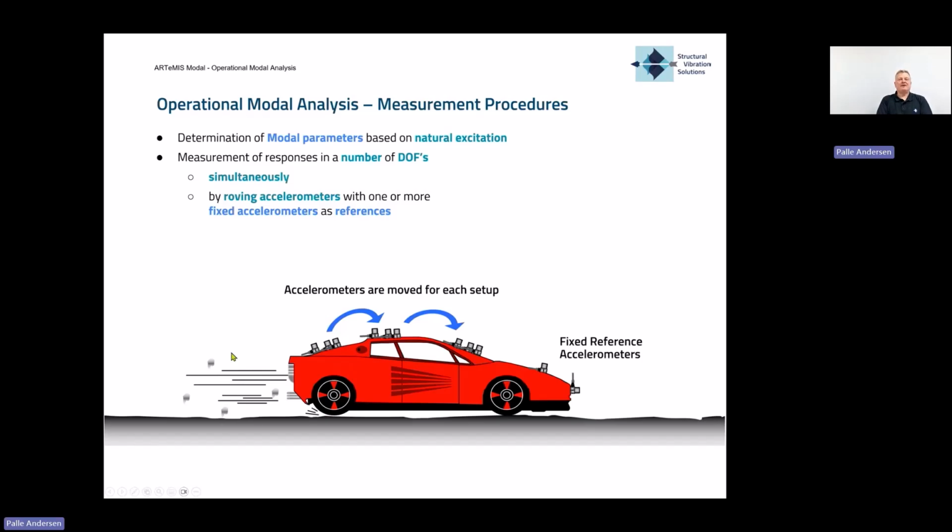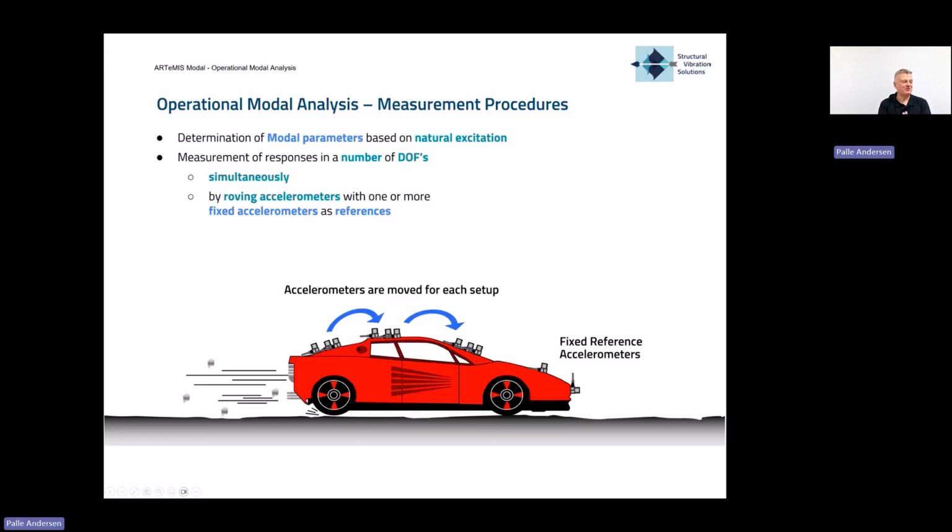Let's go now to the real topic here. That is, what should we do when we have a limited amount of sensors and we would like to know the mode shape in many points of the structure that we are measuring?